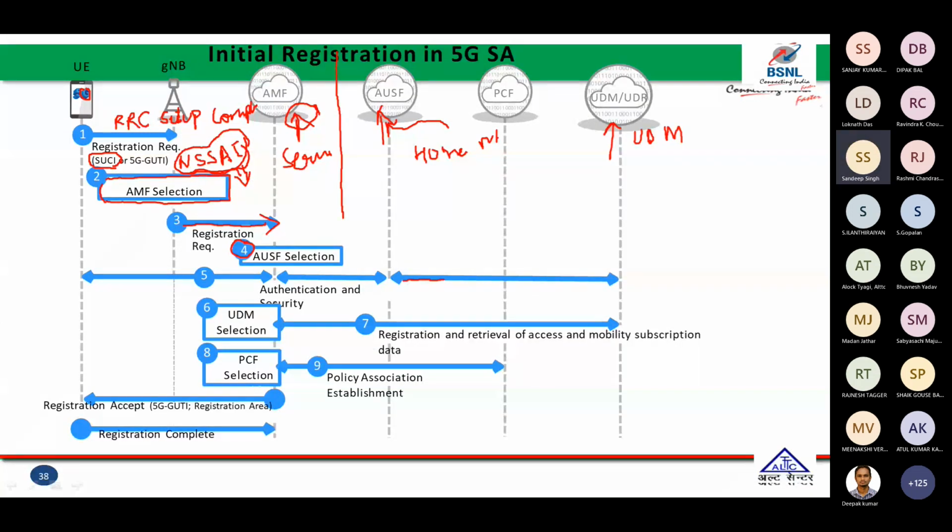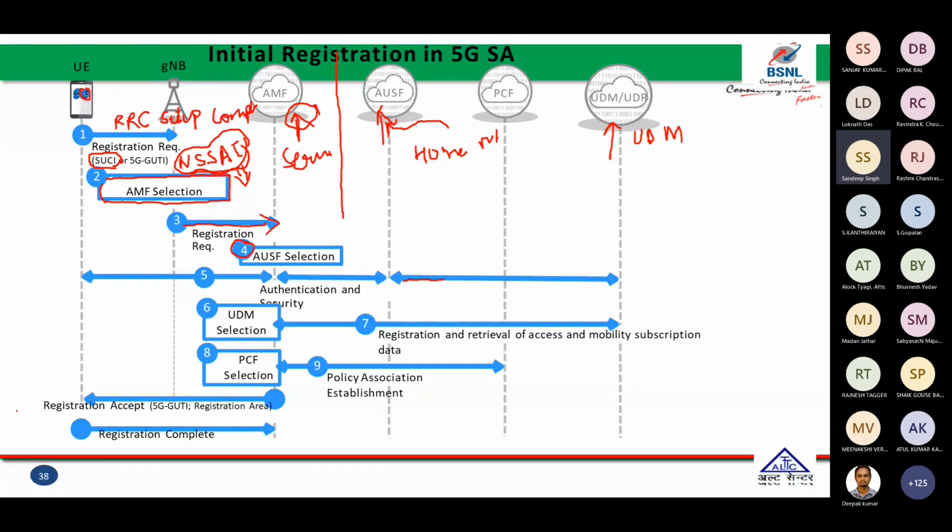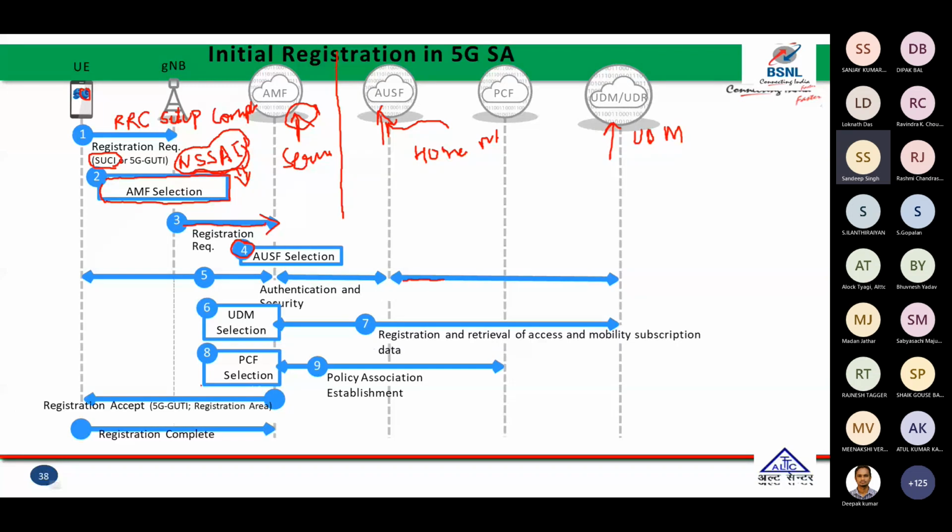After that, the AMF, you can see everything is done by the AMF, whether it is the AUSF selection, right, or UDM selection or PCF selection. All these selections are done with the NRF. The NRF, one of the network functions, is a repository function which facilitates selecting the UDM and PCF, right?